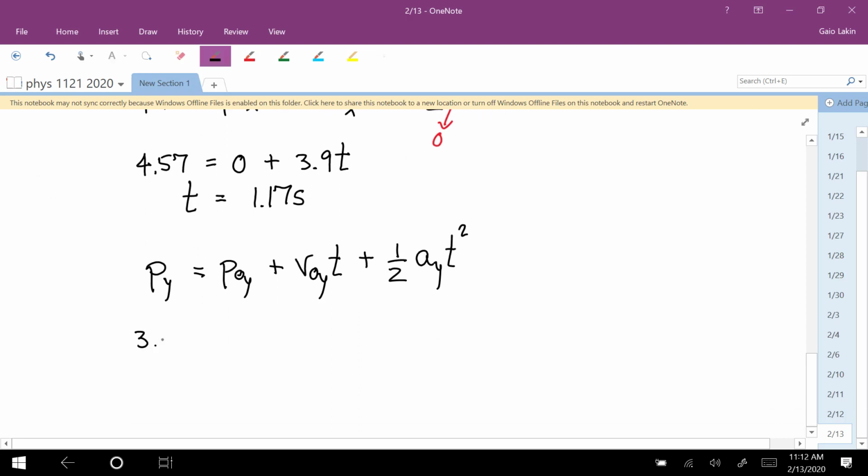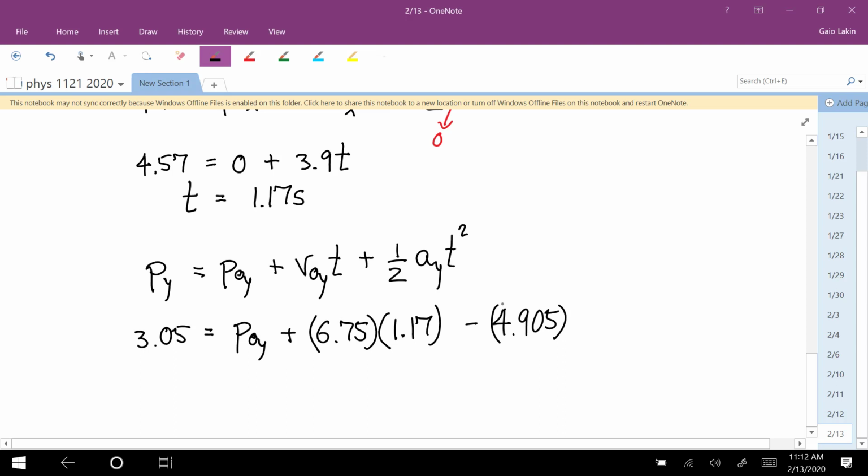So 3.05 is equal to P0y, that's what we're trying to find, plus 6.75 times 1.17 minus 4.905 times 1.17 squared.